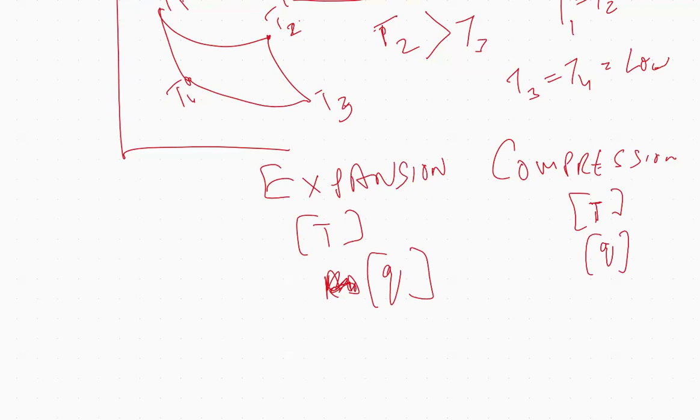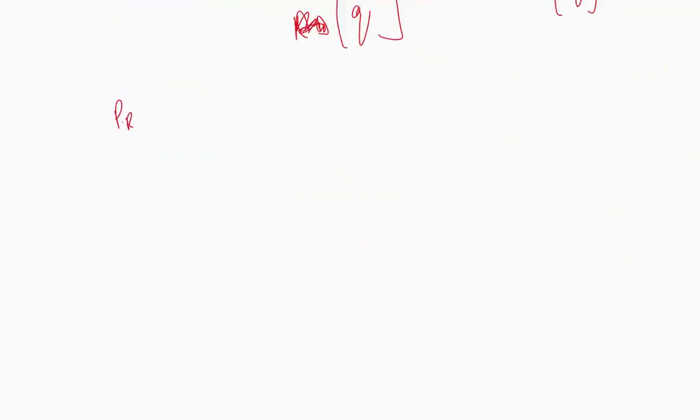So when I say process here, 1, 2, 3, 4. What is it? 1 to 2.